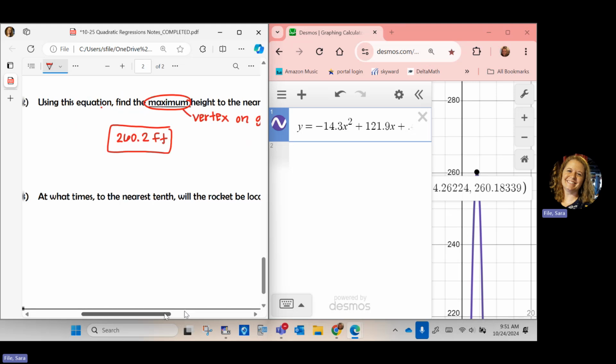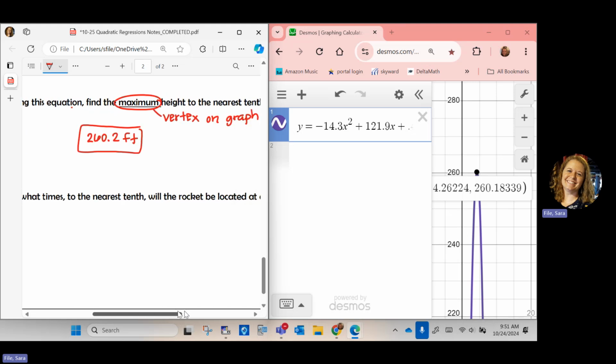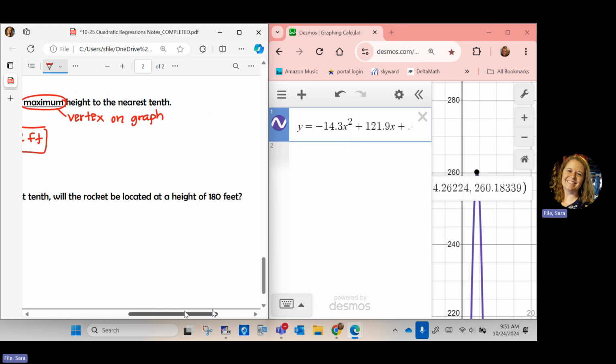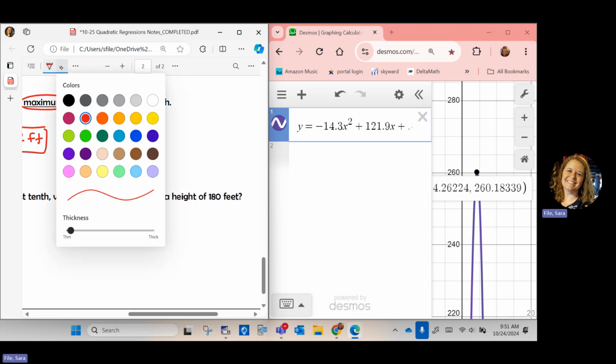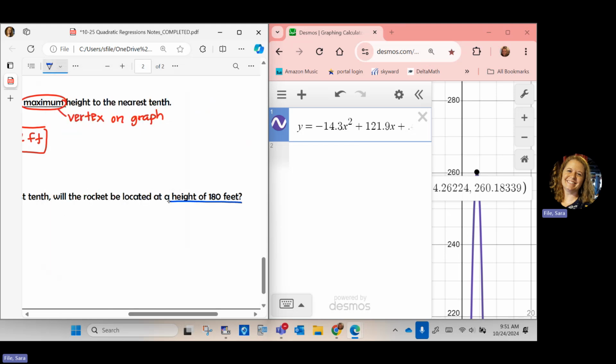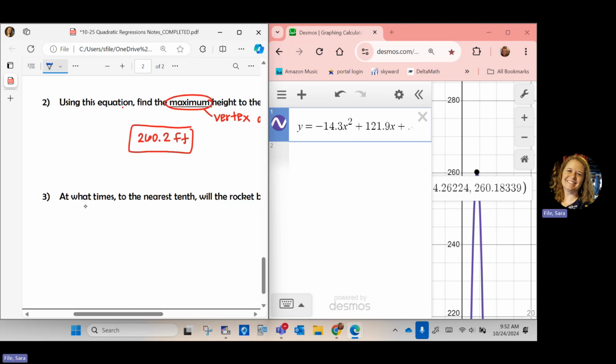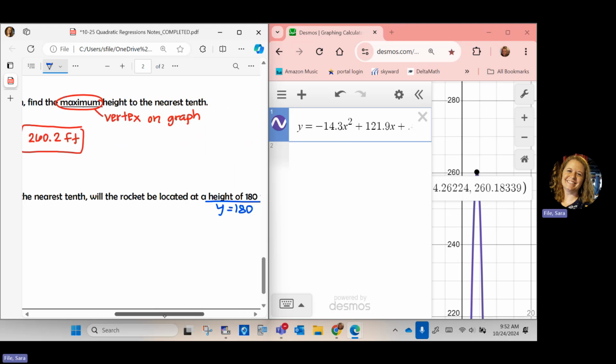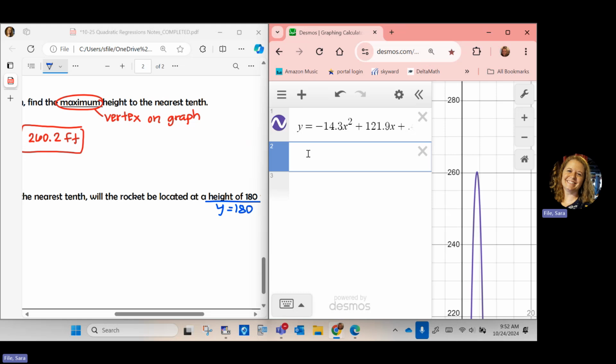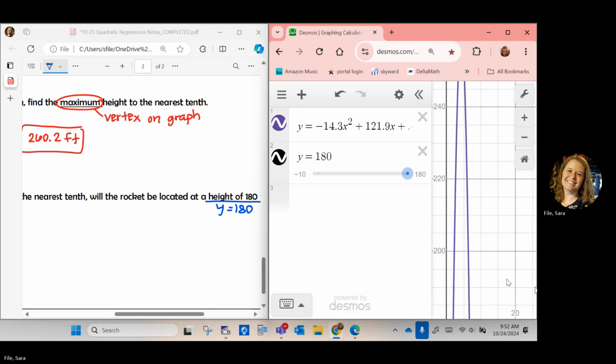And then for this last one, at what time to the nearest 10th would the rocket be located at a height of 180? So again, telling me the height, that's the y, and asking when that happens, at what time. So what is x when y is 180? This is where I would type in y equals 180.